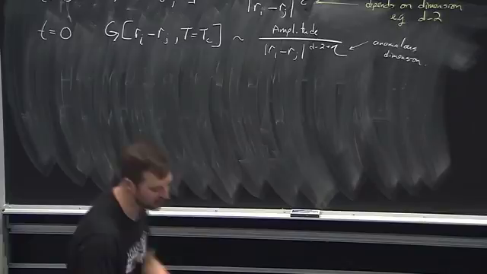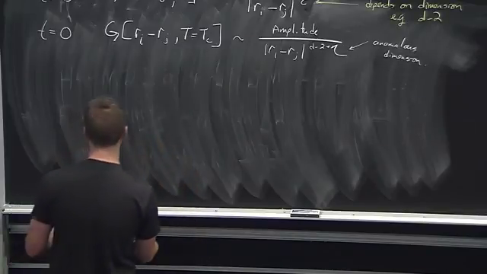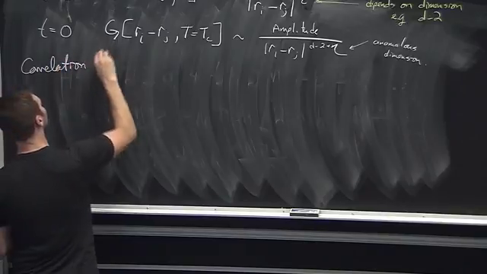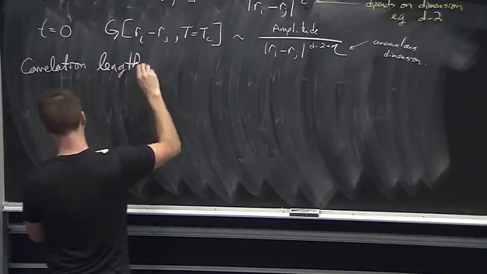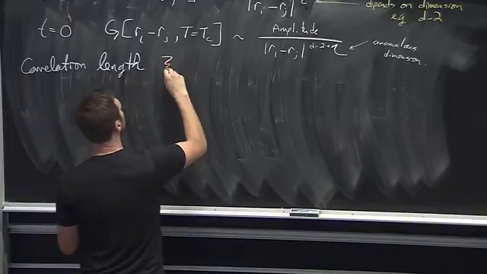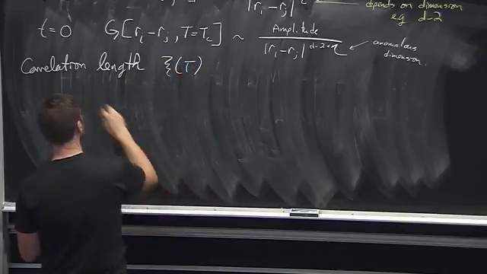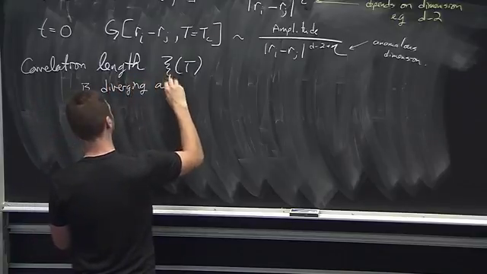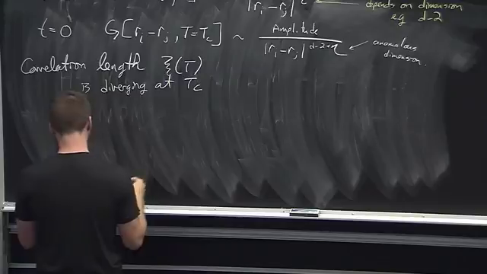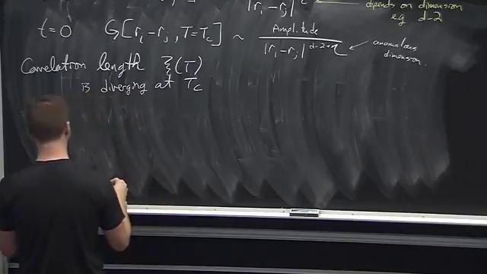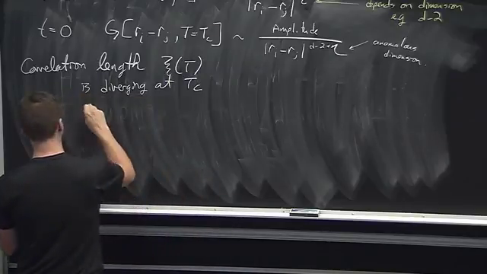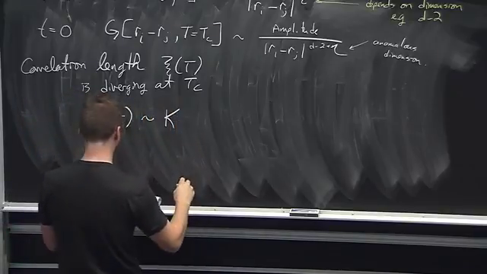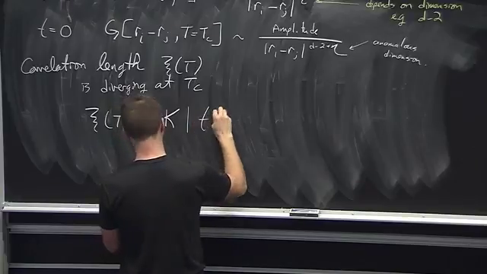So the correlation length is the thing that diverges. You can imagine it has a temperature dependence. I'll call the critical amplitude kappa for some unknown reason.